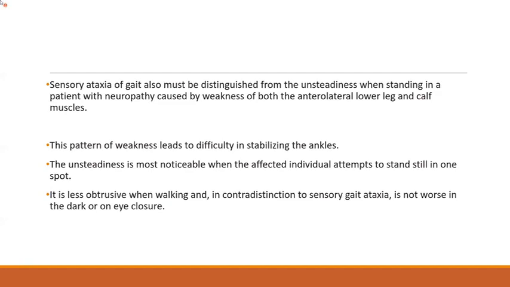You must have seen some patients of neuropathy who can't stand in a single place. When they stand in one place, they continuously move their limbs, but while walking, they walk easily. And this does not worsen in the dark. So this is to be differentiated from sensory ataxic gait.